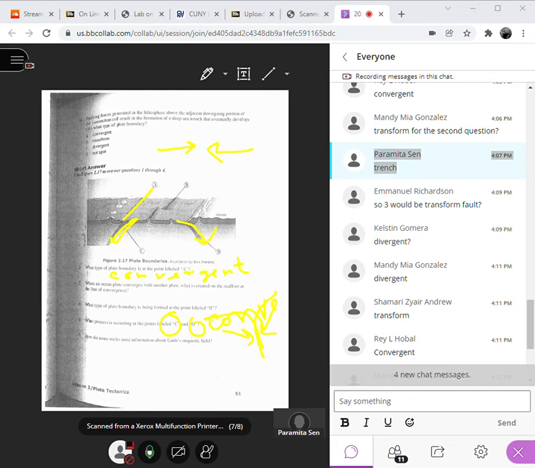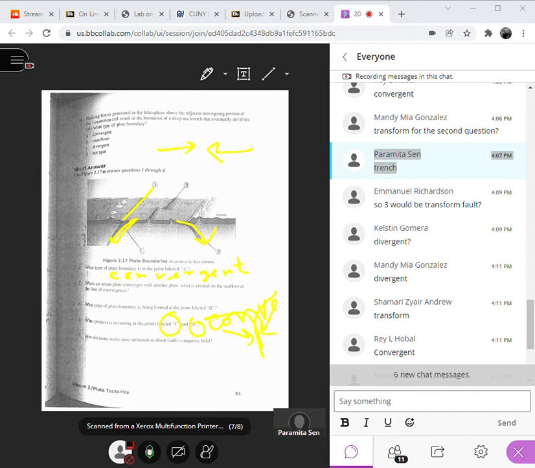Magnetite solidifies with the Earth's magnetic orientation towards north and south.